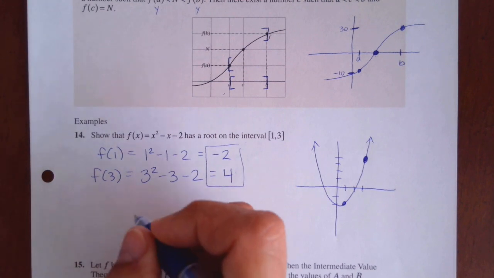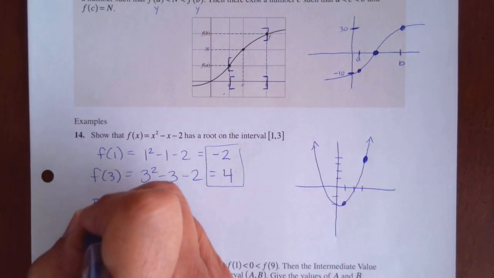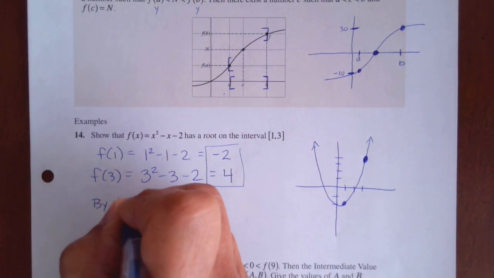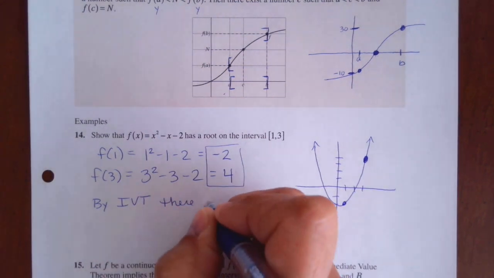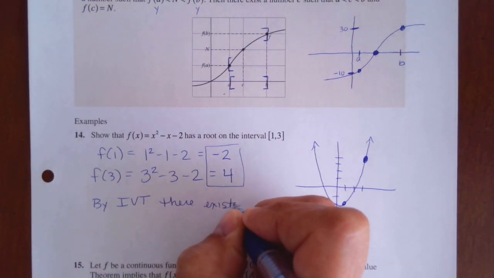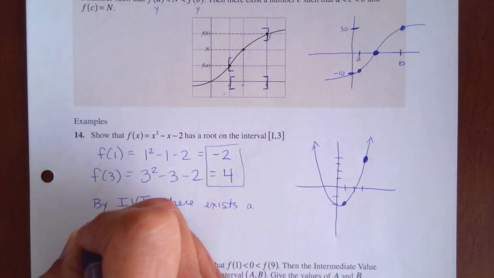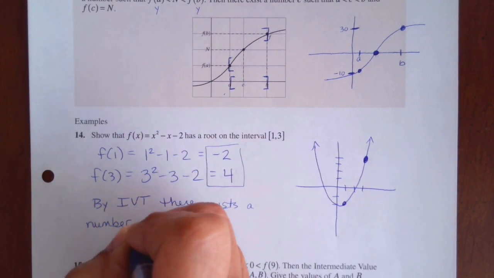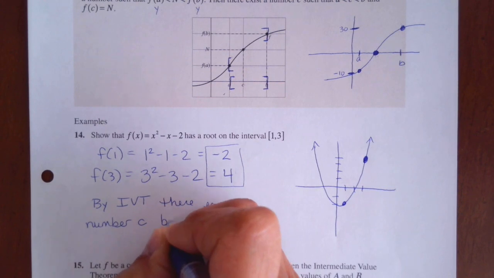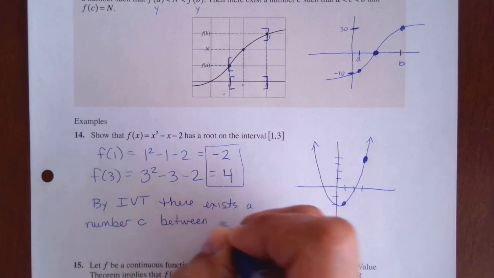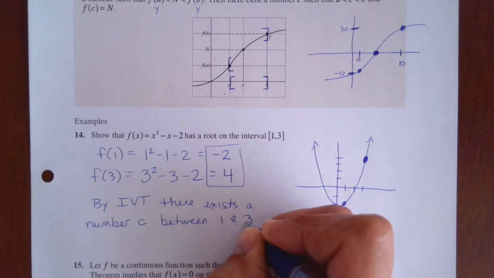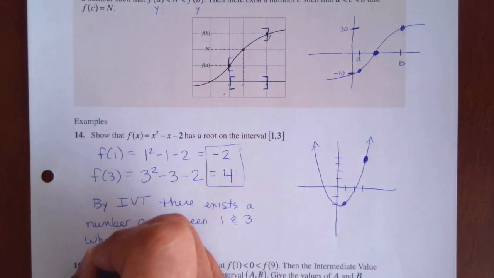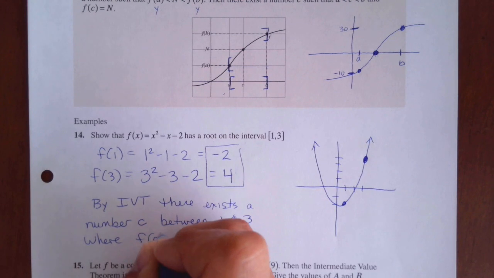Okay, so we could say by the intermediate value theorem, just abbreviating, there exists a number c, okay, between 1 and 3, where f of c equals 0.